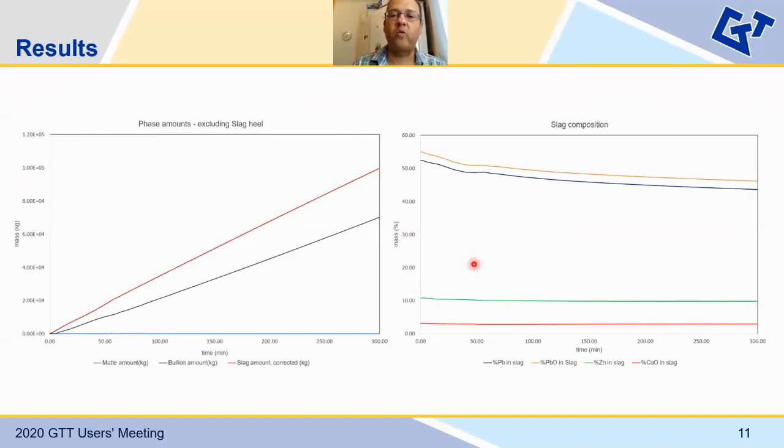The slag composition can be shown here on the right slide, so you can see how it varies with time, and the amount of Pb in the slag is reasonable, and also the amount of zinc in the slag is reasonable.